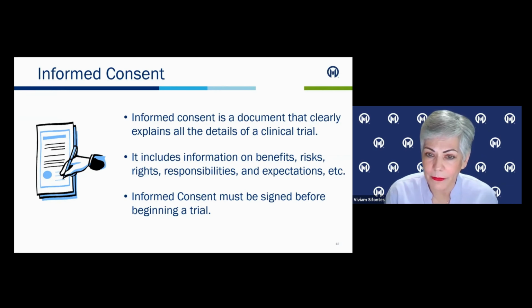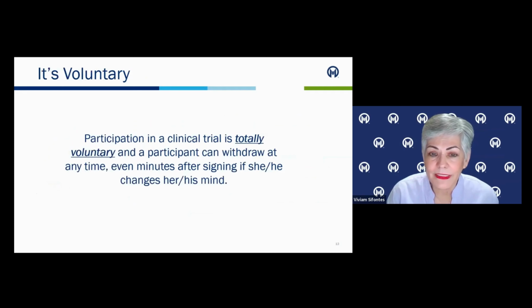And then after he makes the decision, he can come back, have the informed consent session with the coordinator again, and sign it. Then that's when the participant will start with the pre-screening process to ensure that the patient is eligible for participation. Now, this is very important to understand.